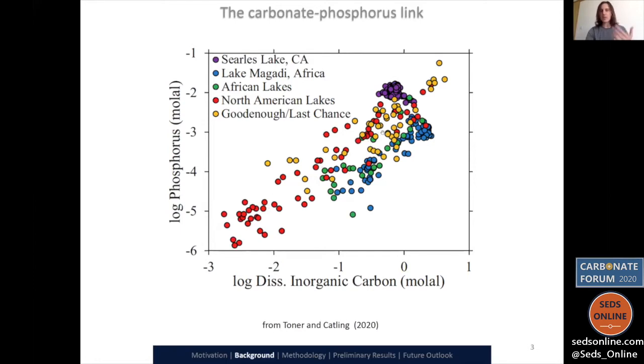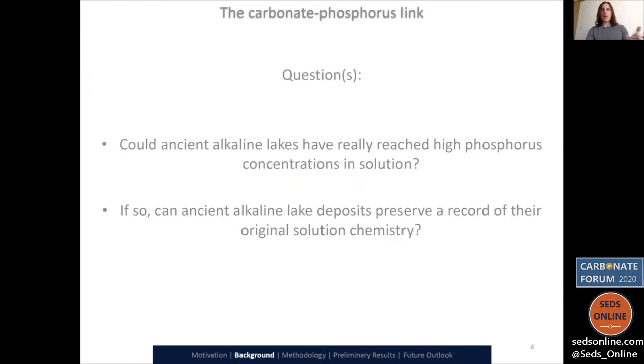They measured and collected data from publications as well from several different lakes throughout the world. And we observed this very nice link between high phosphorus content in these conditions. Well, this still makes us think that we still lack a geologic record suggesting that similar physical chemical processes may have occurred in ancient alkaline lakes.